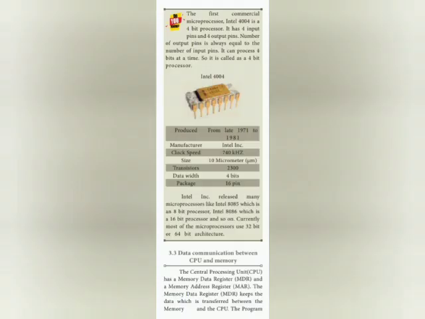Do you know, the first commercial microprocessor, Intel 4004, is a 4-bit processor. It has 4 input pins and 4 output pins. The number of output pins is always equal to the number of input pins. It can process 4 bits at a time, so it is called a 4-bit processor.